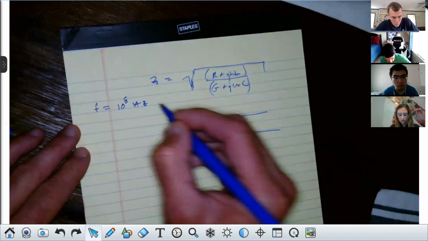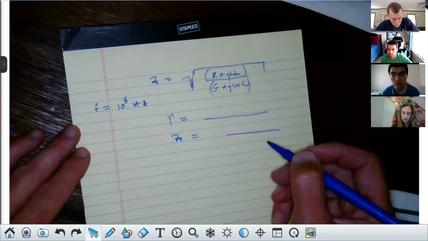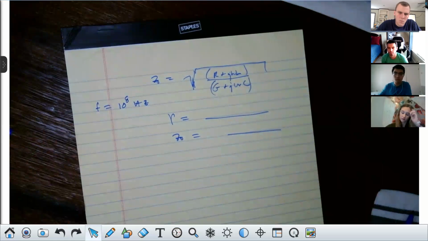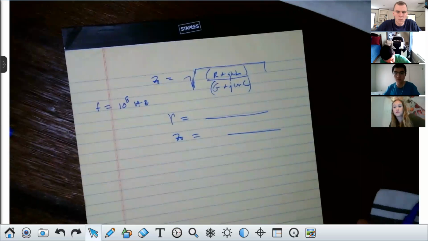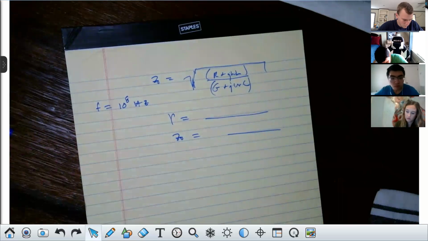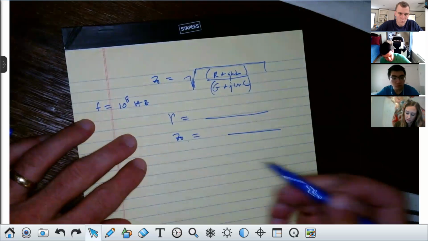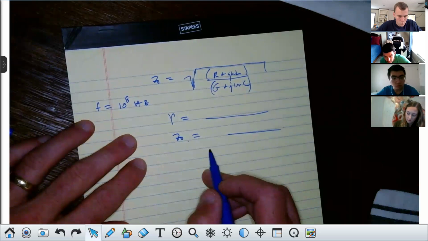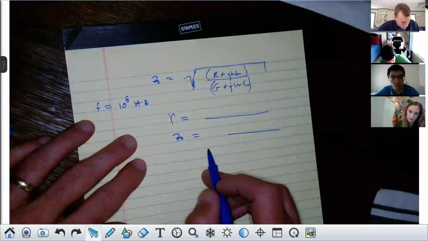Are you with me on this? This is kind of a typical question. With engineering, a lot of what you're doing is reverse engineering. You're trying to figure out some information based on observations. Here he gives you these two things, and he wants the values of R, G, L, and C.